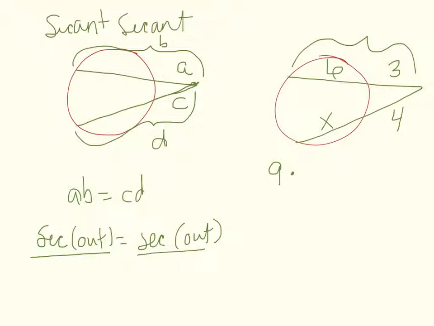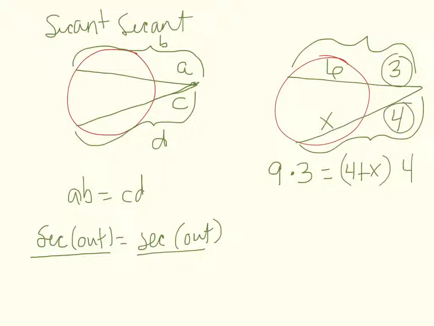So it's secant times its outside piece, which happens to be 3. Then we have this whole secant, which would be 4 plus whatever x is. So that's the whole secant times its outside piece, which happens to be 4. So this time I'm going to have 27 equals, and if I go ahead and distribute this, I'm going to get 16 plus 4x.